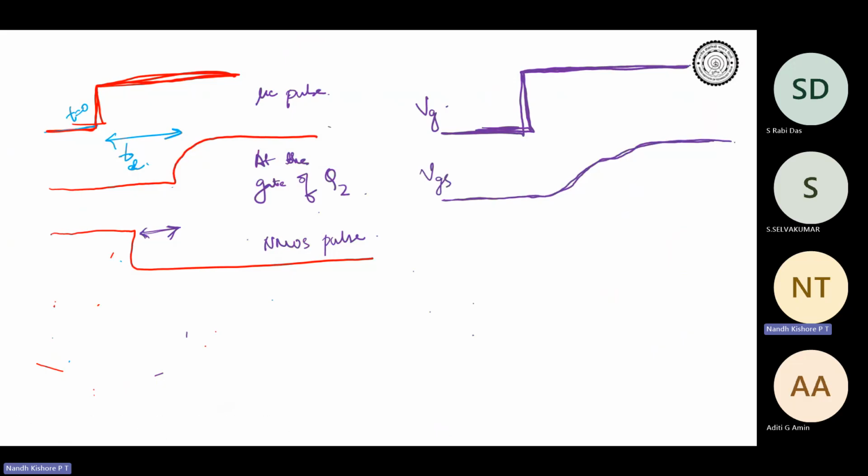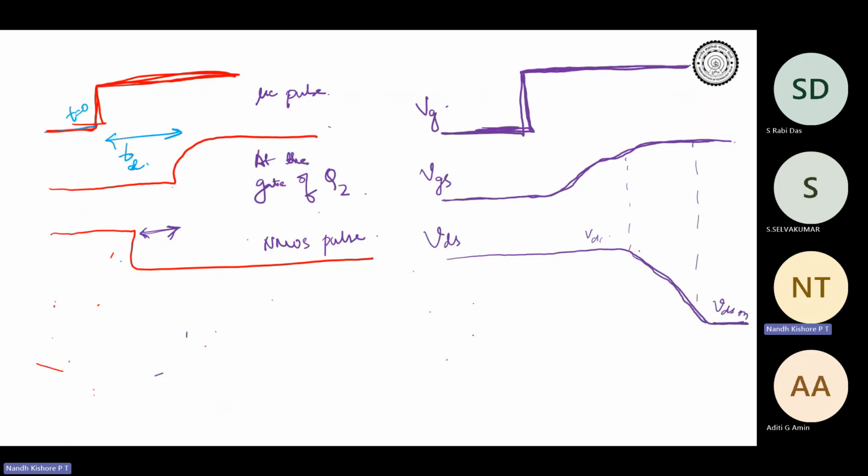This is VGS. Now the idea is that your VDS will start falling somewhere over here and then go to zero. Your VDS was VDC previously and it will go not exactly to zero, but to your on-state VDS.